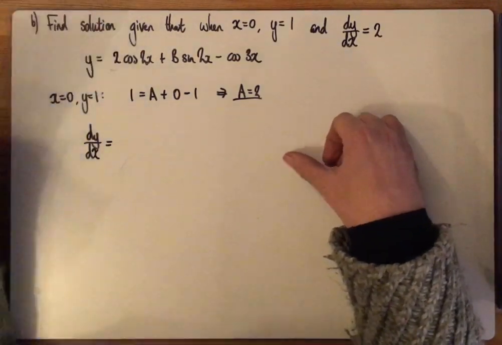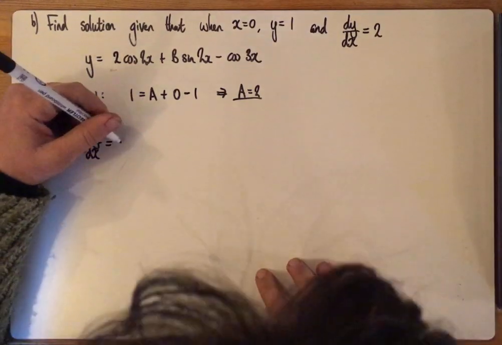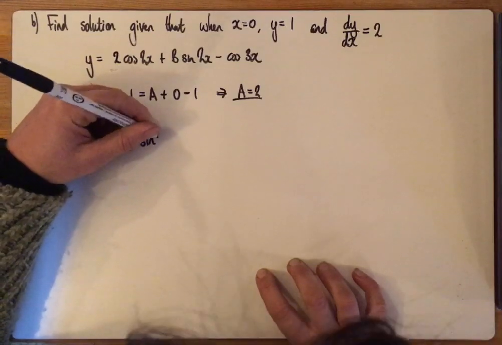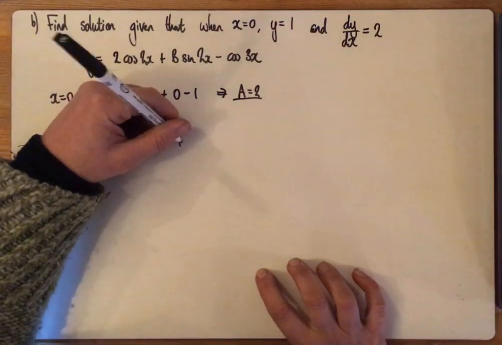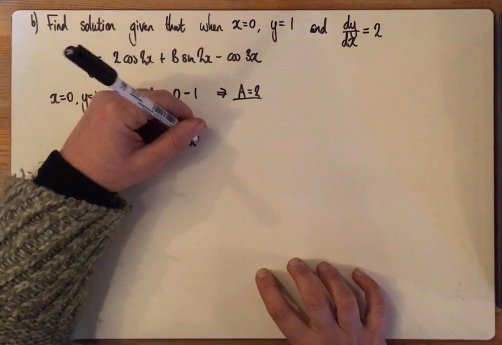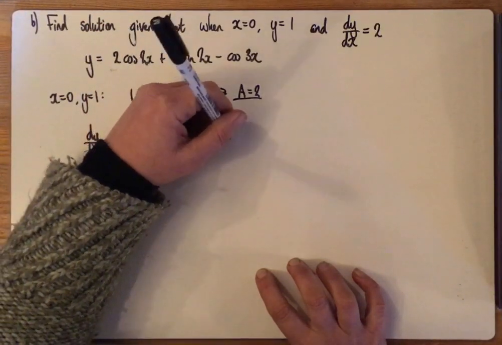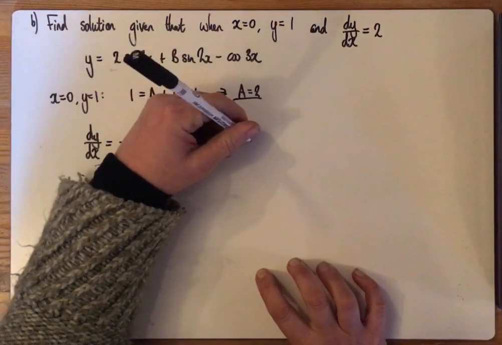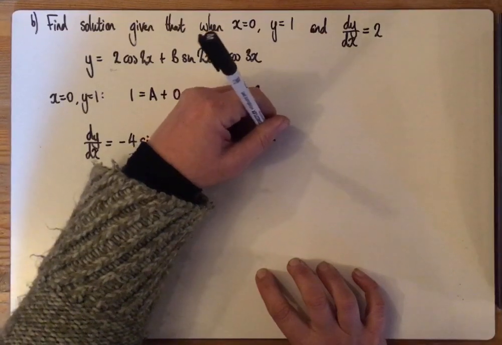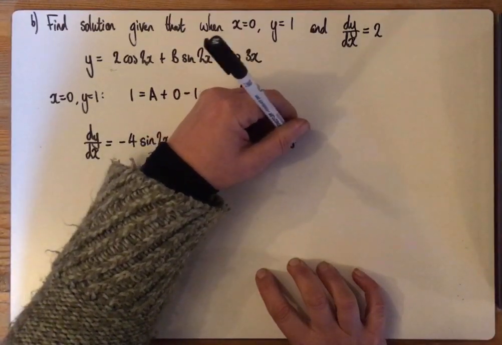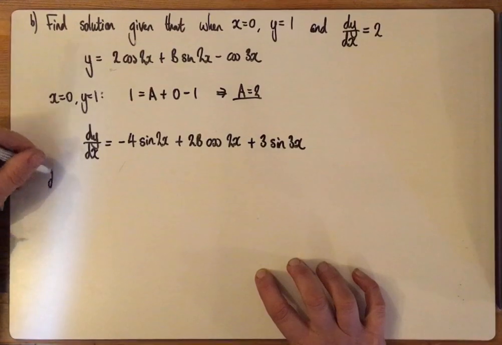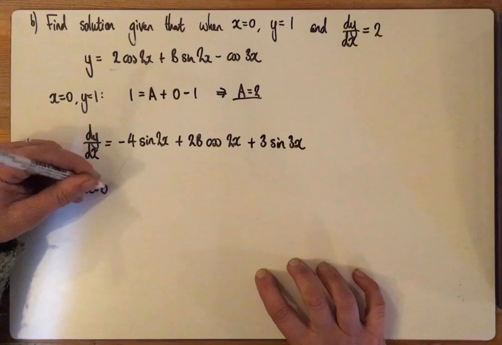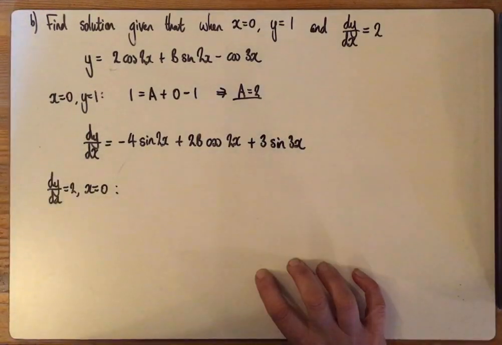So dy/dx is going to be minus 4 sine 2x plus 2b cos 2x plus 3 sine 3x. And then we know that dy/dx equals 2 when x equals 0. And so that should be enough information to find b.